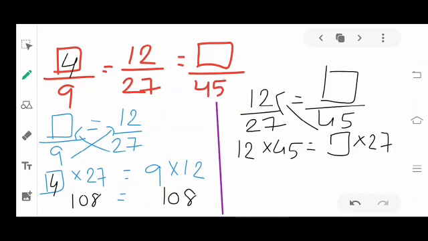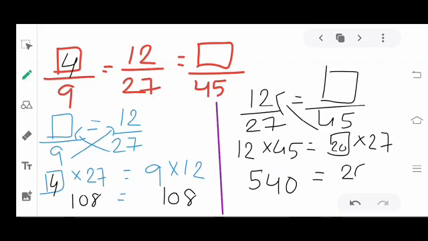So 12 into 45, my answer is 540. And which number do I multiply with 27 to get my answer 540? I think that number is 20.